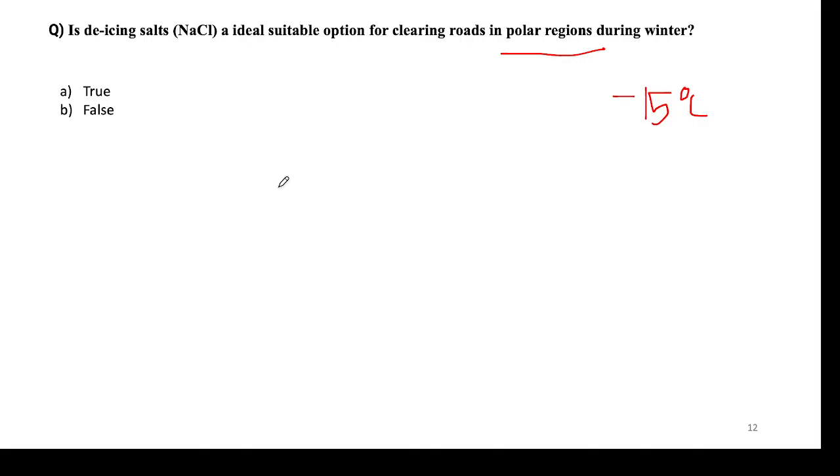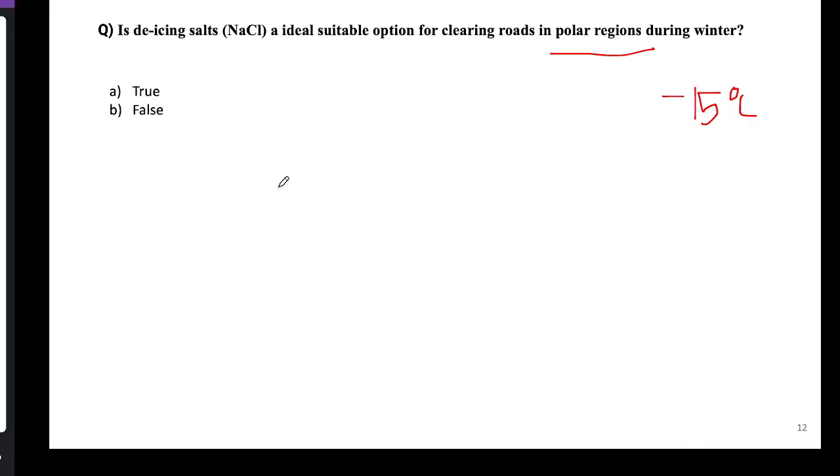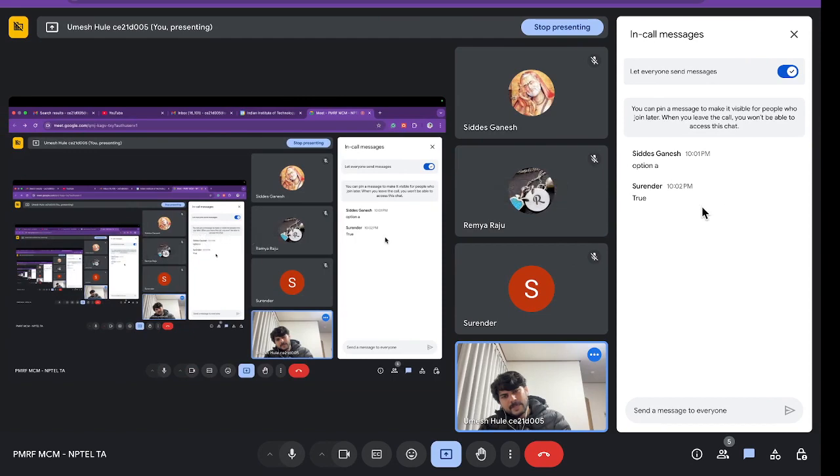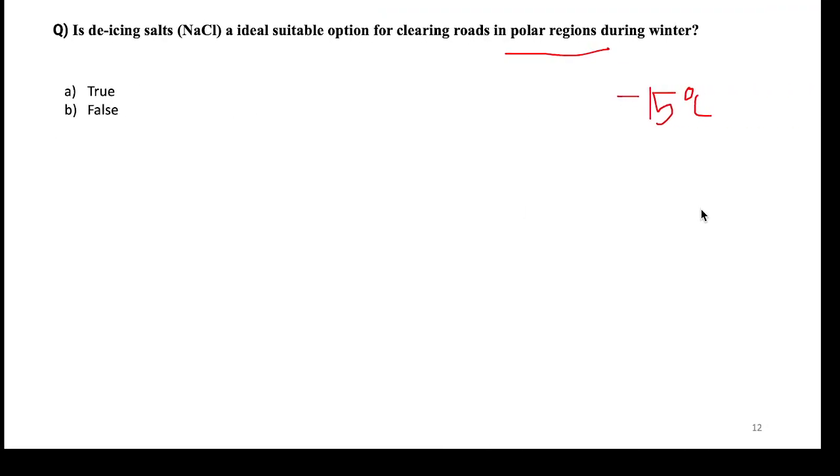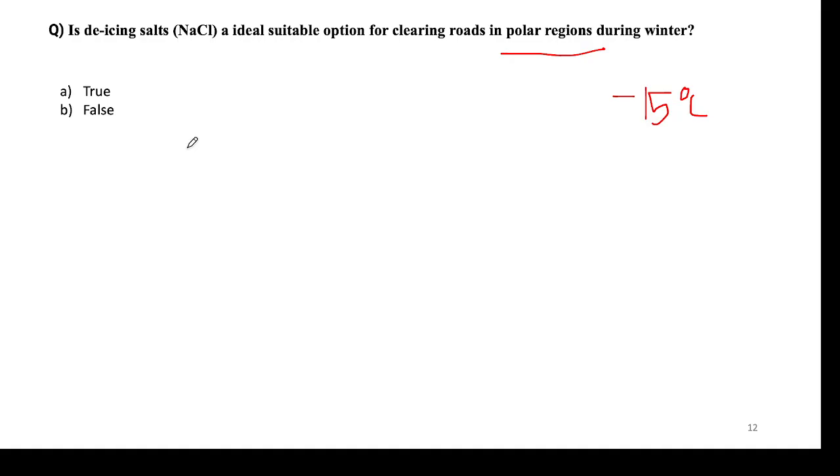Specifically I have taken this question to clear some of the doubts. Anybody with a different answer? Okay, anybody want to explain why it's true? Have you guys noticed some of the people in the cold regions using salts for de-icing purposes? If anyone is from the Kashmir region with us, they can explain their experience.